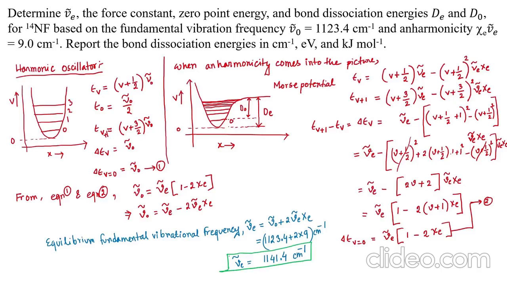Now what next? Now you need to calculate the force constant. Let us do that. Again, we already know what our force constant is going to be from this equation, that is 1 by 2 pi c square root of k by mu. So your k is going to be 4 pi square c square mu.